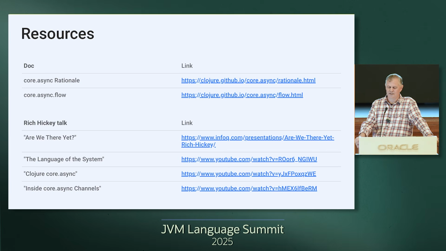And the ideas in flow really, if you go back and look at some of these old talks, like Rich Hickey's Language of the System talk, which was from 2011 or 12, something like that, it actually has a section about flow in it, where he uses the word flow there.